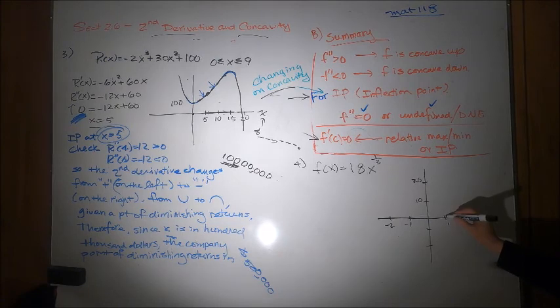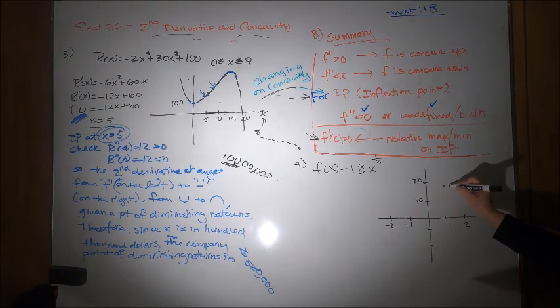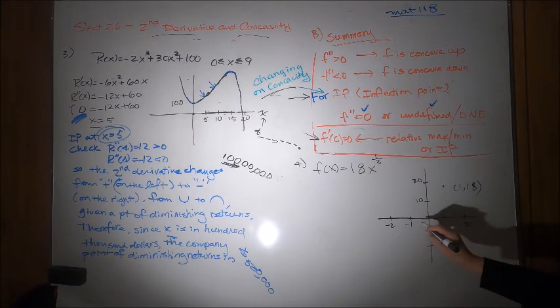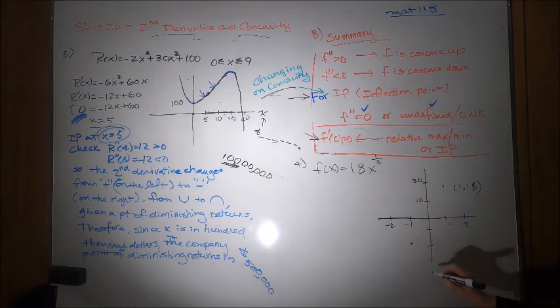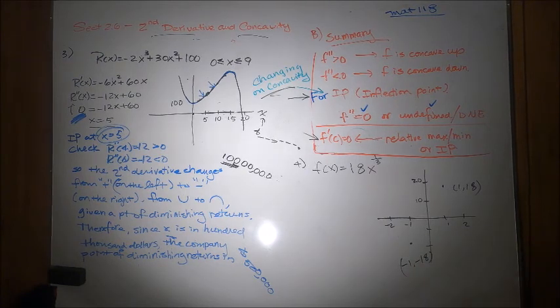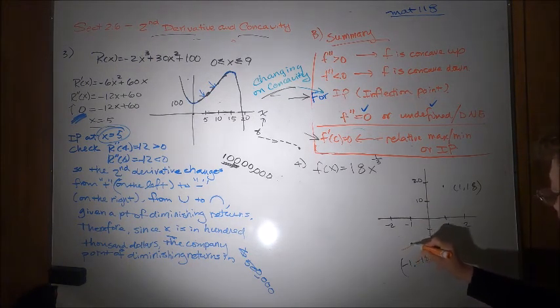If you put a 1 in, you should get 18. So 1 and 18, okay? If you put the negative 1 in, you should get what? Negative 18. Negative 1, negative 18. Then when you graph it, you will see the situation like this.